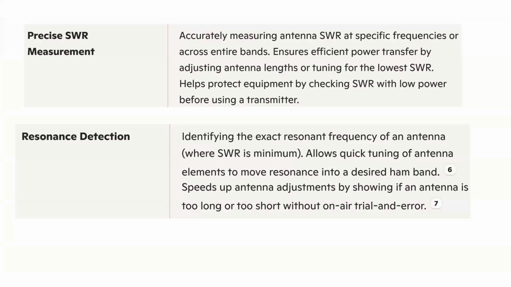So that is an advantage. And also, if you're working with a resonant antenna like a half-wave dipole, it can show you where the minimum SWR is and help you to tune the antenna, so to speak, get it to the correct length.